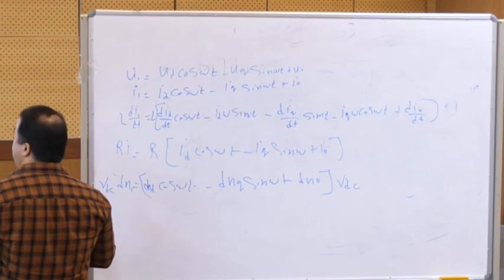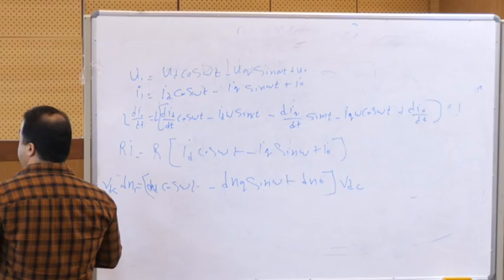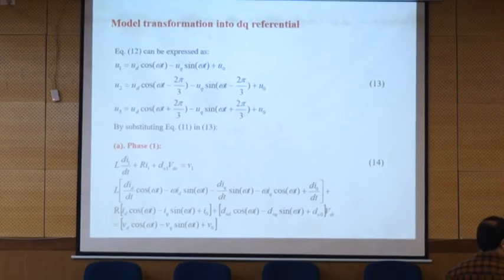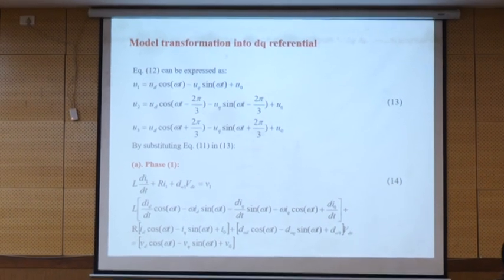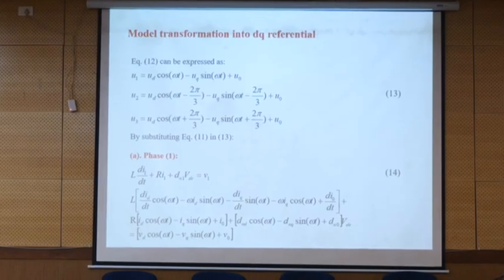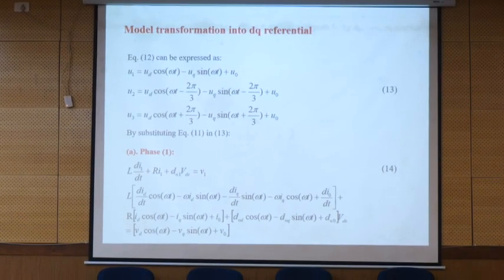So we have also here. And then now we jump to V. V1 is equal to Vd cosine omega t minus Vq sine omega t plus V0. Okay?